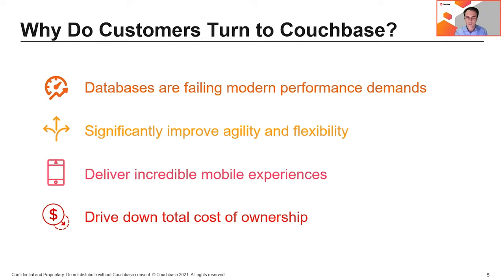Thirdly is they've delivered something on mobile, but it's just not delivering the experience they want. So they want something that is richer for their customers and their clients. And then cost, especially again in the relational world. Our costs are out of control. How do we drive down total cost of ownership?